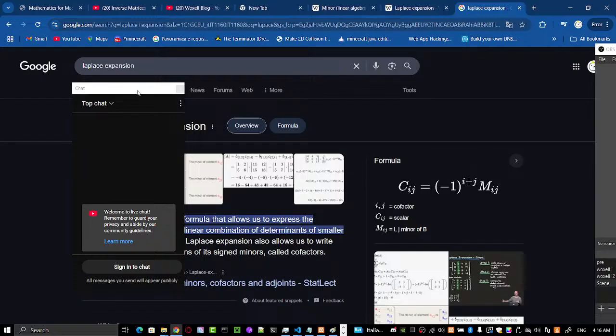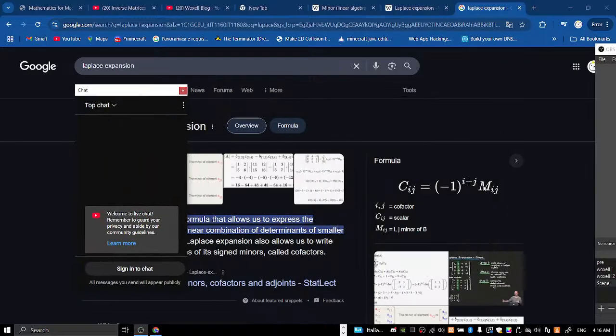We will just multiply this by i plus j if this is 0 or 1, I mean the modulo of this i plus j. We will use a similar formula for this.